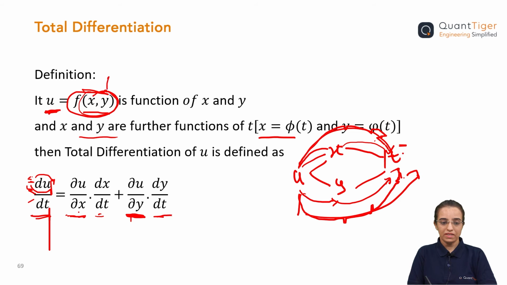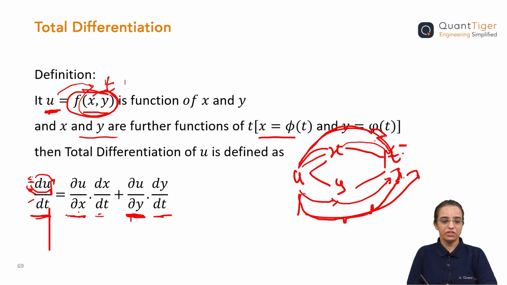If I replace with t, then u will be just a function of one variable, which is t. And since it's a function of one variable, I have used du by dt on the left hand side also.